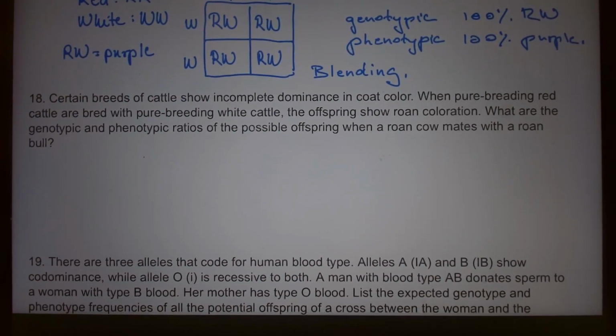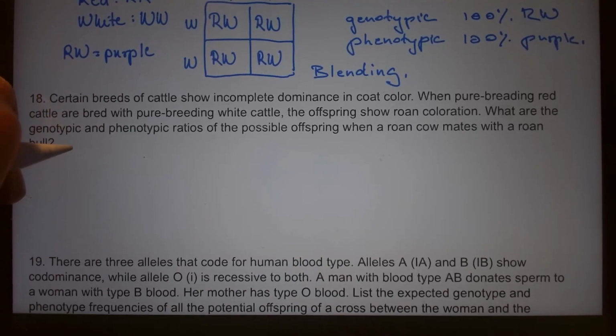Number 18. Certain breeds of cattle show incomplete dominance of coat color. Incomplete dominance, again, the blending at this point. When pure breeding red cattle, pure breed, that means homozygous, breed with pure breeding white cattle, again homozygous for the white allele, the offspring show roan coloration.